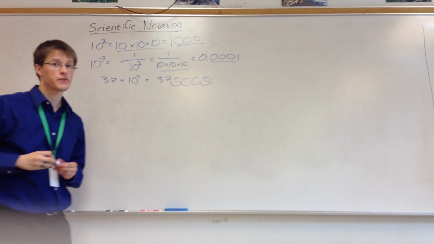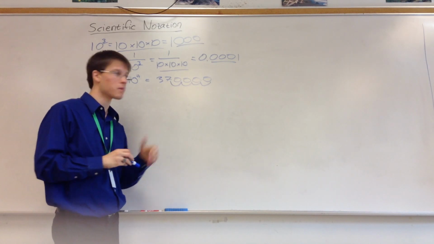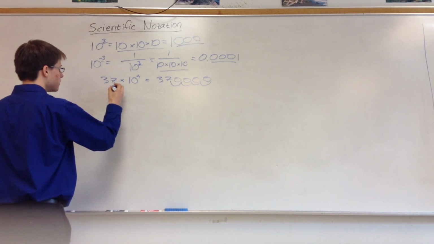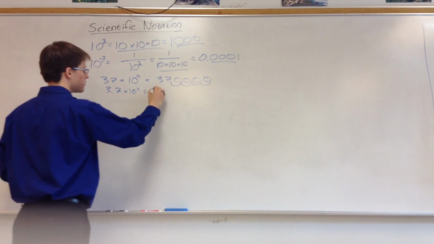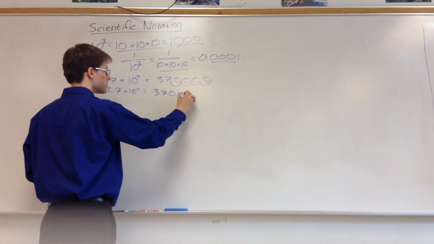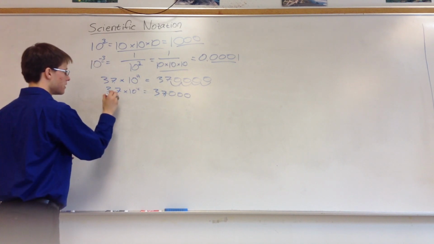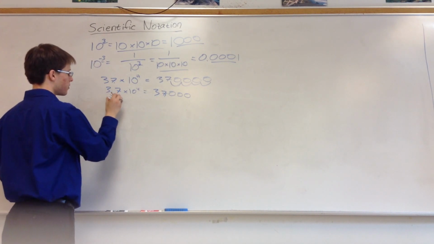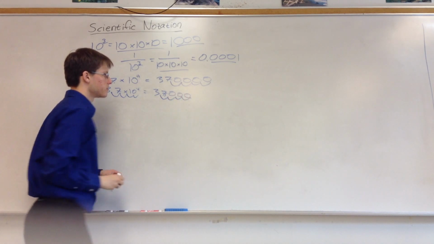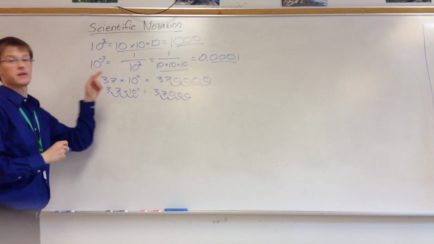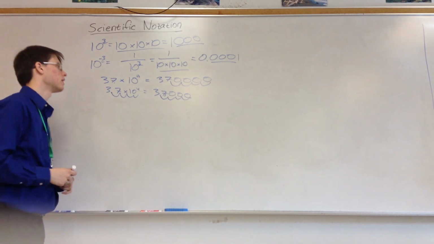You won't always get zeros equal to the number of the power, because, for example, let's say I had 3.7 times 10 to the fourth. Here, you get 37,000. This is because the thing you're moving is the decimal point. You move it 1, 2, 3, 4 spaces, and you stop. Only when it's at the end of the number will you get zeros equal to the exponent.